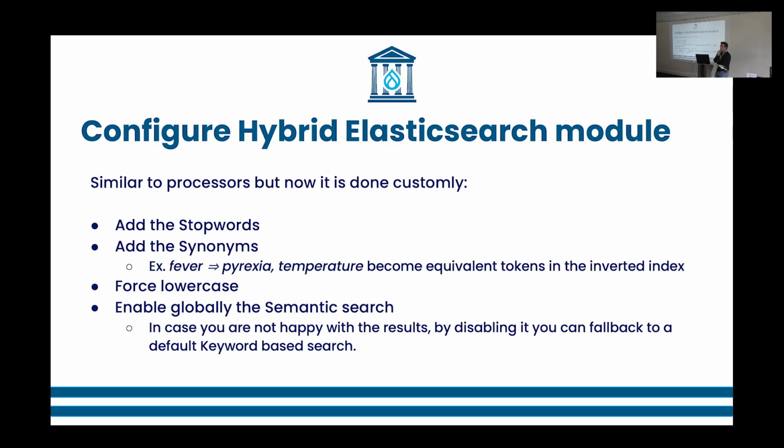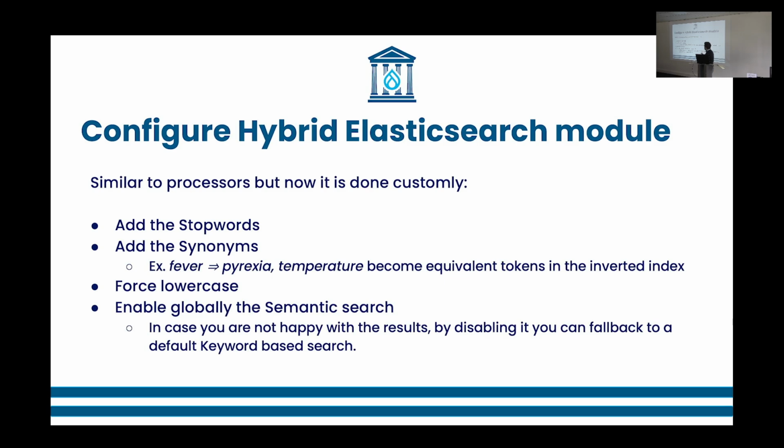Now configuring the hybrid Elasticsearch module, I'm going to also show to you the hybrid Elastic module configuration. We have the stop words, synonyms. So in a way, we are creating from scratch all the processors that we used before for the Elasticsearch basic. But now we are developing them on our own because we want to fine-tune them.